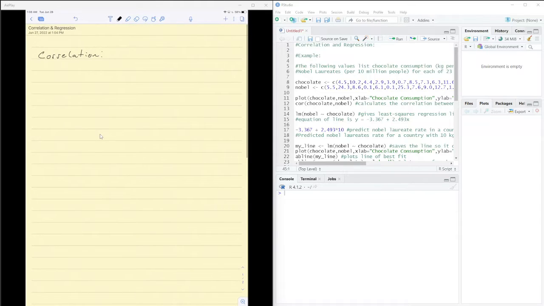So it measures strength and direction of a linear, that's important, linear relationship between two quantitative variables.